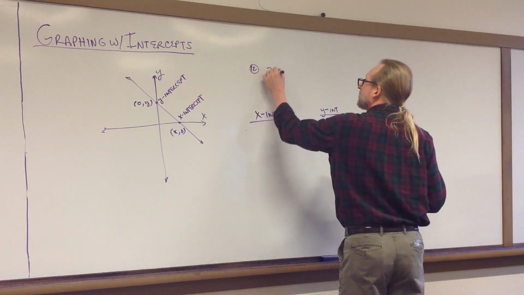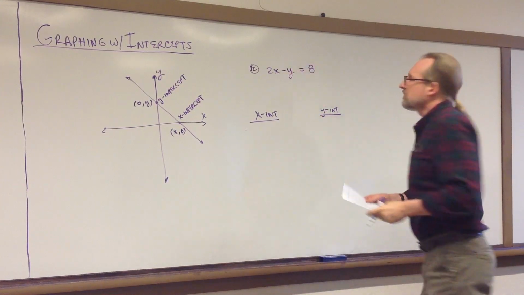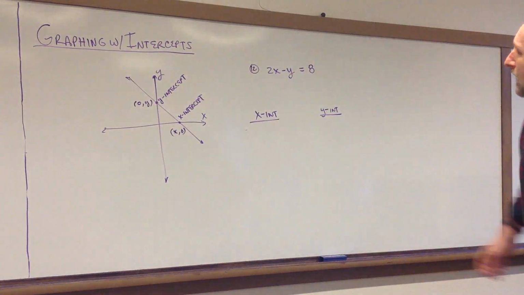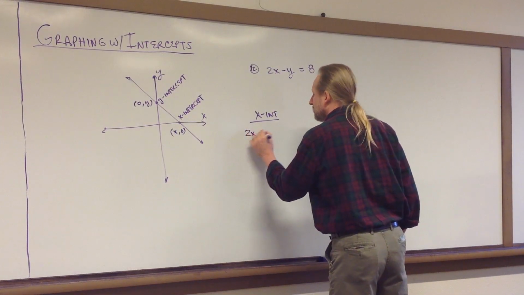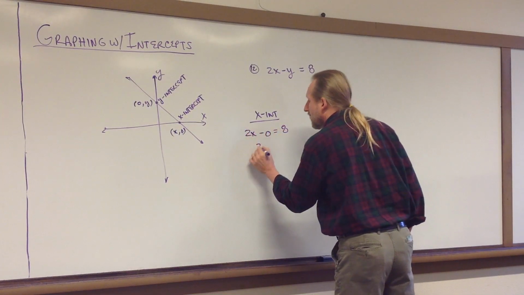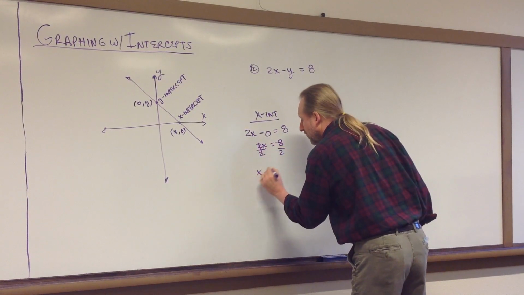Here we've got 2x minus y equals 8. And so again, for the x-intercept, plug in 0 for y and get the x by itself.